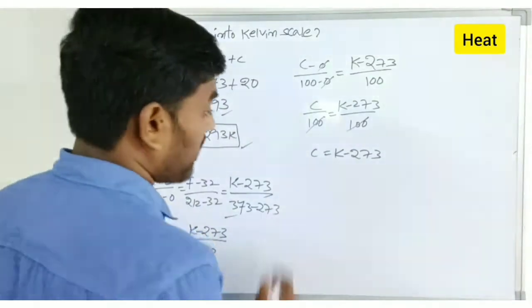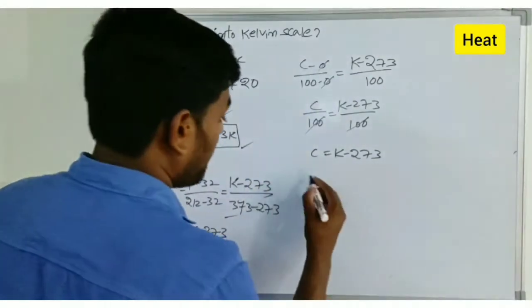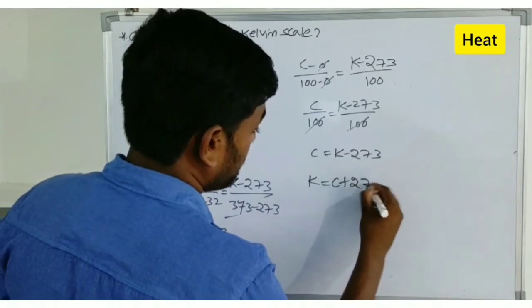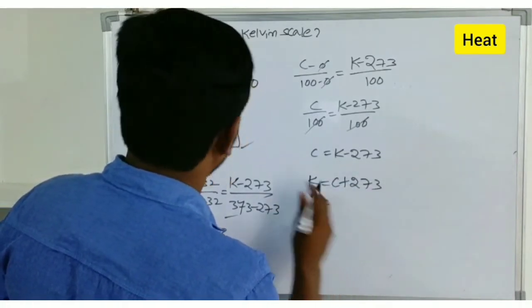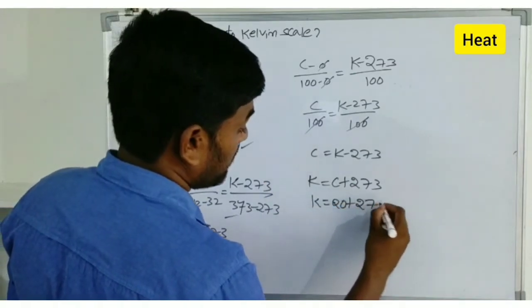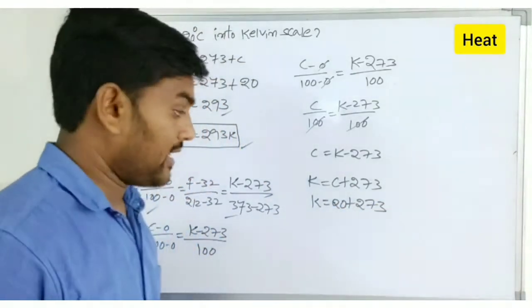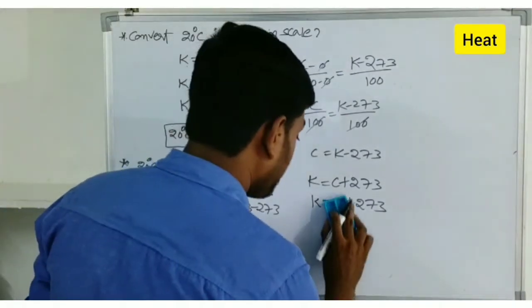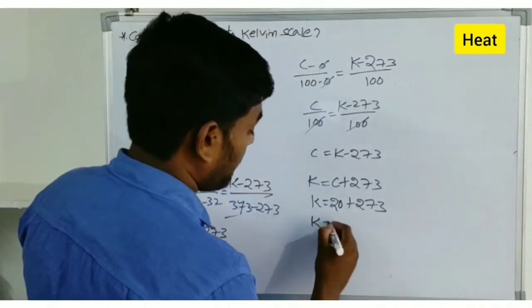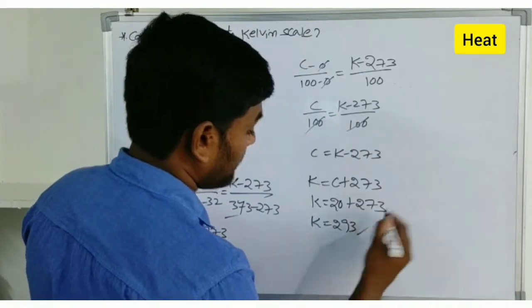The answer we need is K, so K is equal to C plus 273. K is equal to 20 plus 273. So K is equal to 293.